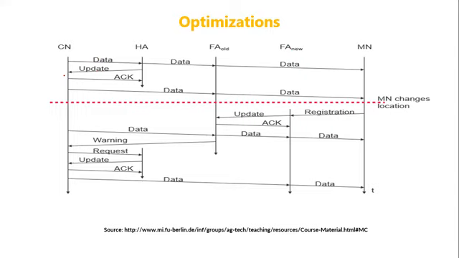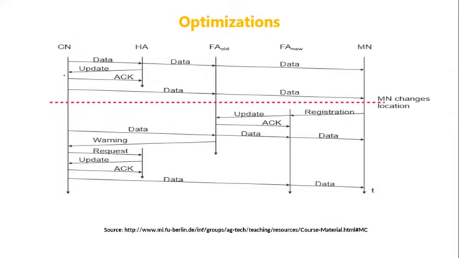So this is how mobile IP is optimized, and through this optimization the triangular routing problem is solved. This is done using binding request, binding update, binding acknowledgement, and binding warning messages.